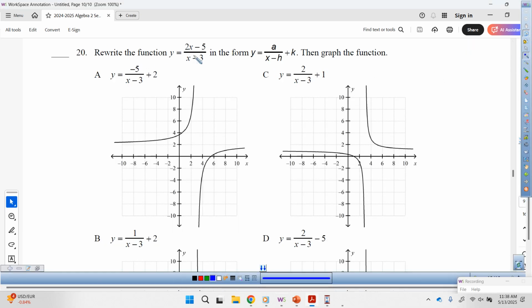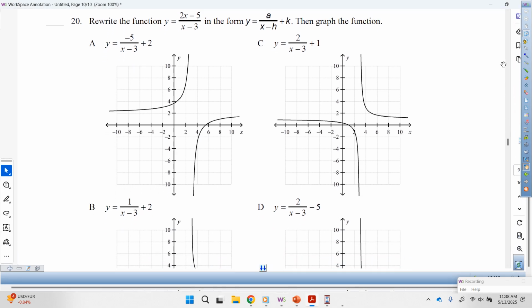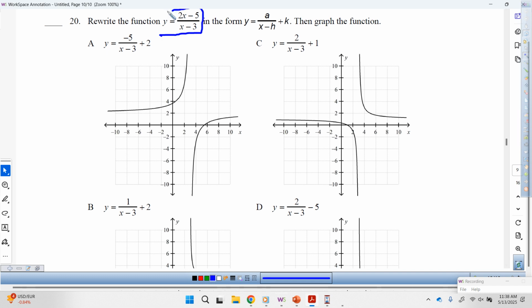It says, rewrite the function y equals (2x minus 5) over (x minus 3). So, take this, look up, and we're going to rewrite that. But what do we do with stuff like this? Well, Mr. Q, we do a long division. 2x minus 5 divided by x minus 3.